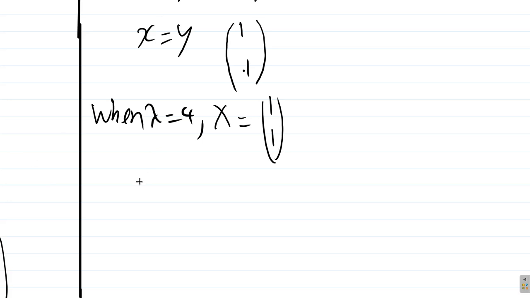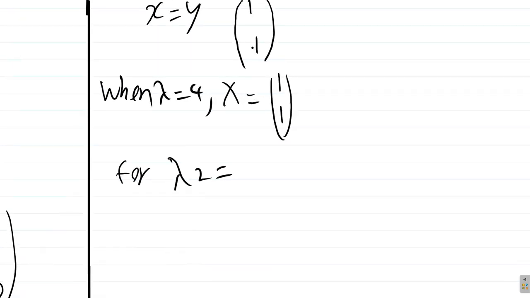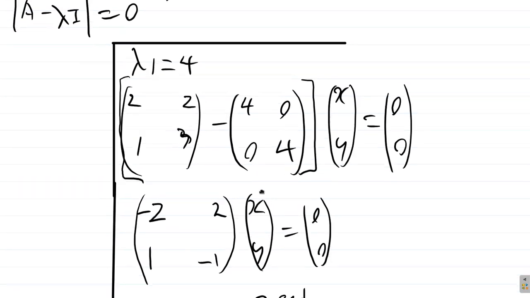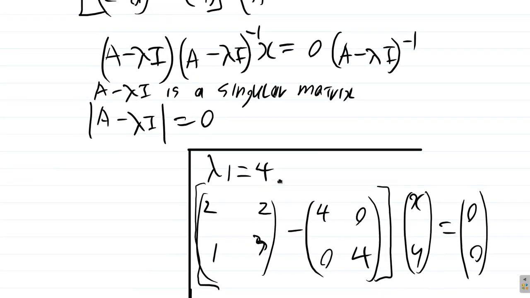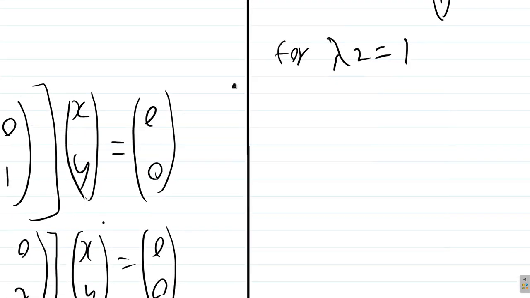Alright, now for lambda 2 equal 1. Now we're going to use back this equation, but instead of putting 4, we put 1.